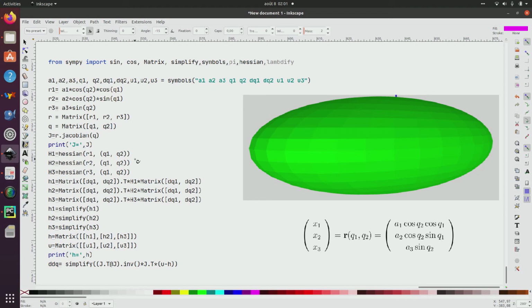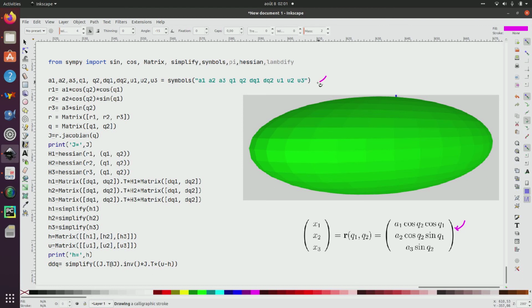Here I have a representation of the ellipsoid, where we can see a big radius and smaller radii, given by this equation. So to compute the geodesic, I first need to use SymPy to compute symbolically my Jacobian function for h, for g, and so on.